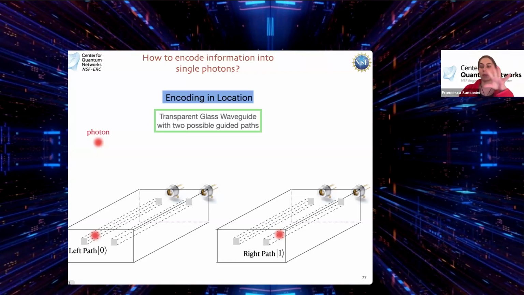And we have two possible guided paths, the left one and the right one. So our encoding in this case is that if the photon is present in the left path, that's a logical zero. If the photon is present in the right path, that's a one. Again, that's arbitrary. We could have done it the reverse. We could have said that left path is one, right path is zero. The important thing is to be consistent. So in this case, we choose left path zero, right path one.